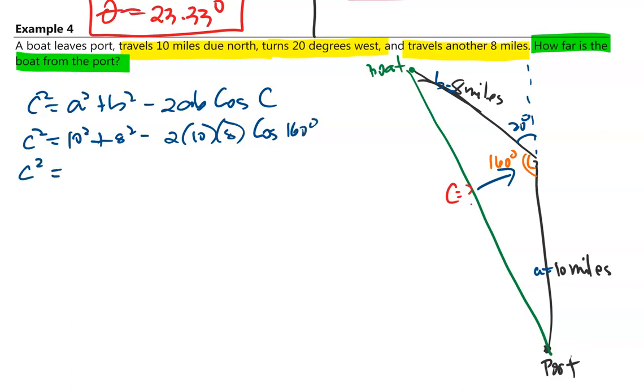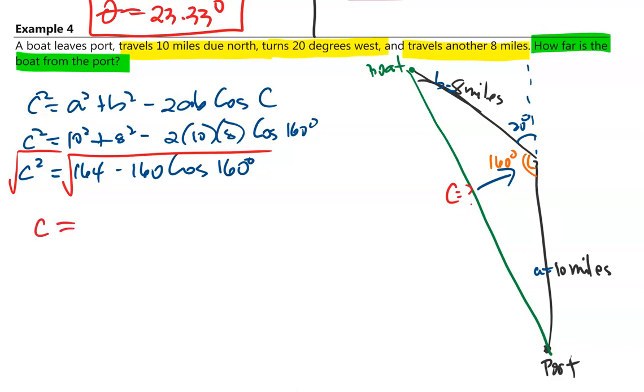So 10 squared is 100 plus 64 is 164, minus 2 times 10 times 8 is 160 cosine of 160 degrees. And remember to isolate c, square root both sides, so you will get c is equal to 17.73 miles.